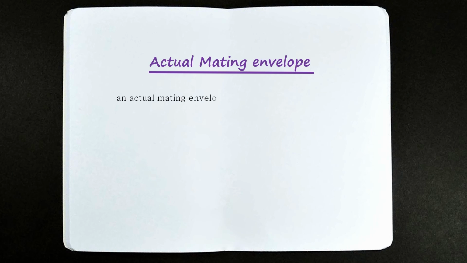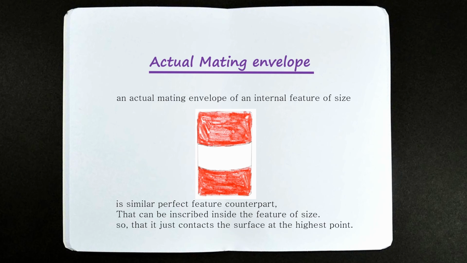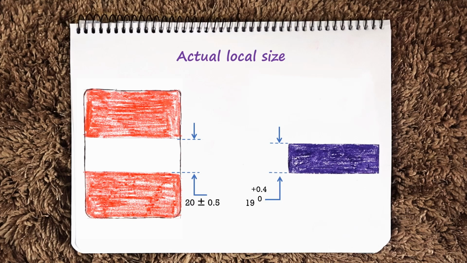And an actual mating envelope of an internal feature of size, like of this hole, is a similar perfect feature counterpart that can be inscribed inside the feature of size, so that it just contacts the surface at the highest points. As we can see, this internal actual mating envelope is inscribed inside this hole and touching only at the highest points.